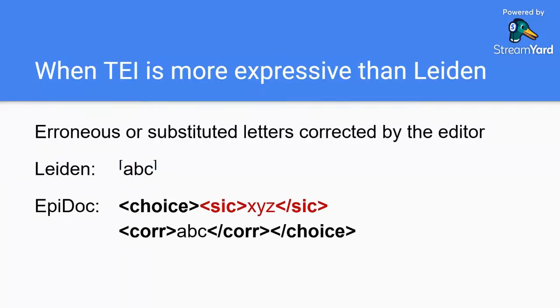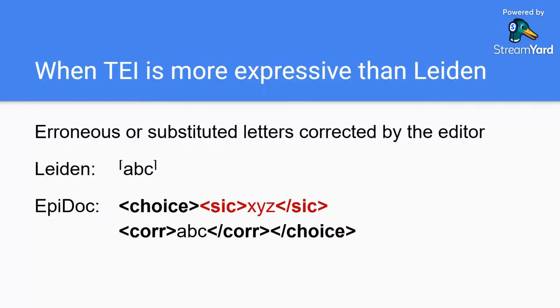As a result, if we don't know what was originally written on the stone, if we're marking up in EpiDoc a Leiden edition that doesn't tell us what the correction is a correction from, we can omit the sic part, right?